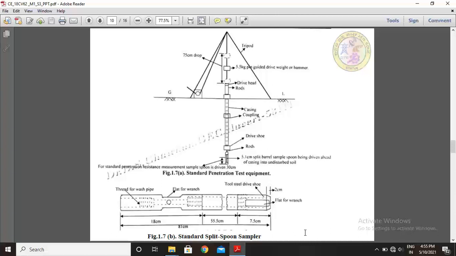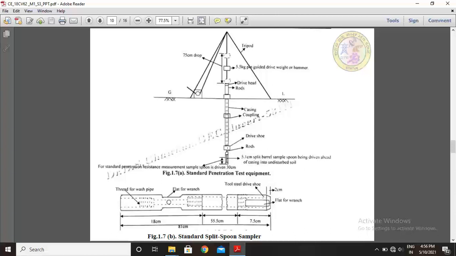This is the diagram. See here, standard penetration test equipment. For standard penetration resistance measurement, the sample spoon is driven 30 centimeters deep. This is a 5.1 centimeter split barrel sample spoon being driven ahead of casing into undisturbed soil.